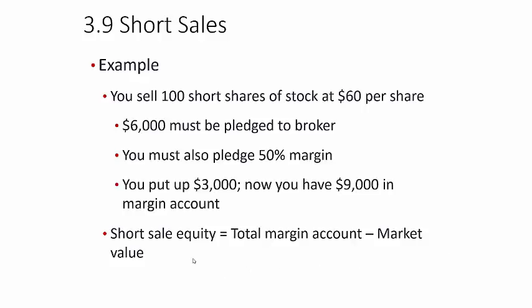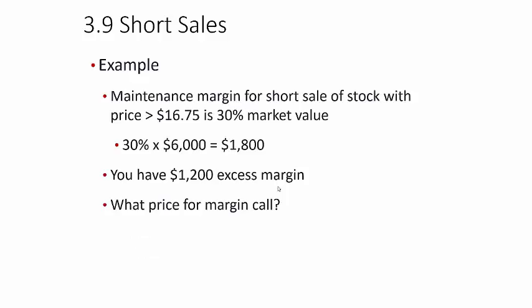So your short sale equity is your total margin account minus your market value. So that's your short sale equity, this amount that you've put in. The maintenance margin for the short sale stock, remember the price here is greater than $16.75 because it's $60 a share.